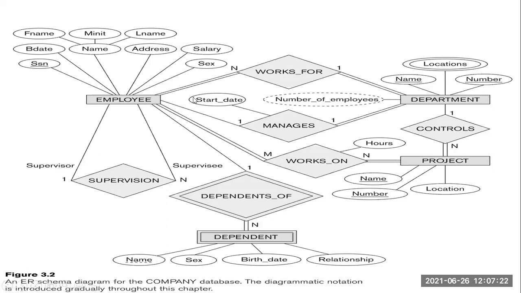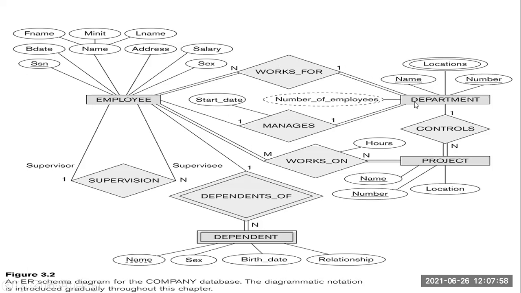Now coming to employee and department, the relationship between these is works for. As it is represented by a double line, we say it is total participation. That means from this table all the values are participating, as well as from the department table all the departments are getting worked. So see, employee to department is n to 1, a many to 1 relationship.